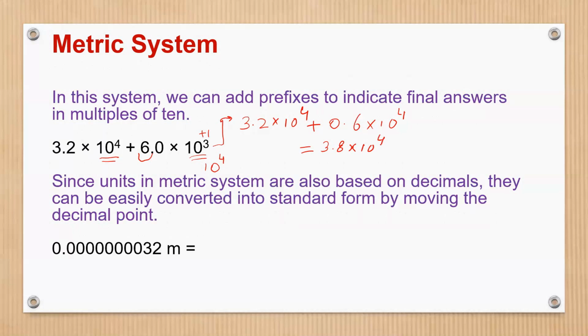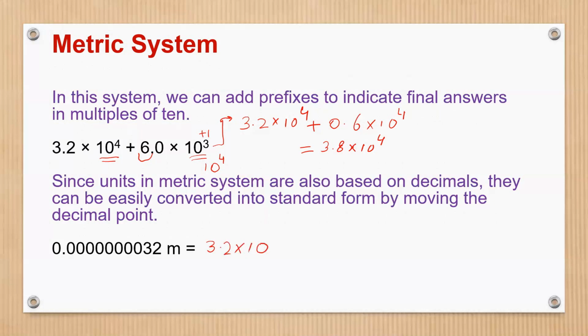Now we are going to see one more example. Since units in the metric system are also based on decimals, they can be easily converted into standard form by moving the decimal point. So here, if I want to change it into standard form, I'm going to write this number as 3.2 times 10 to the power.